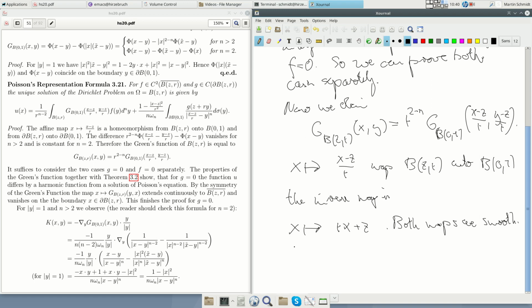So these maps are diffeomorphisms. Okay, and they map this to this, and of course also the boundary of the ball onto the boundary of the unit ball. This is clear. If the distance of x to z is r, then this has absolute value length 1. Okay, so this is easy.